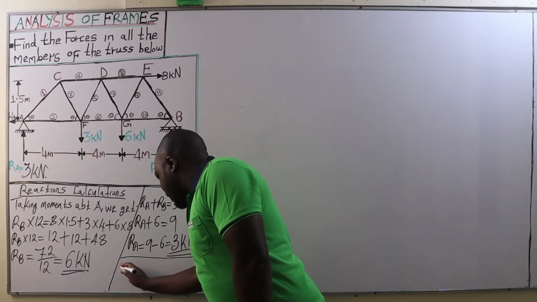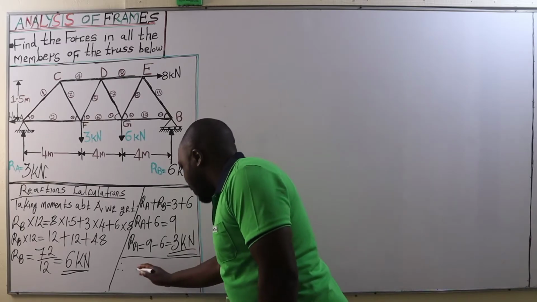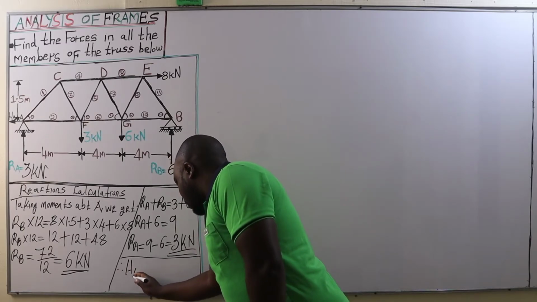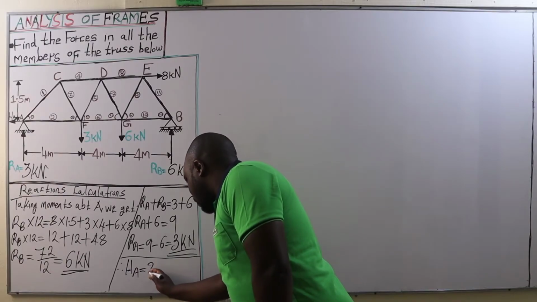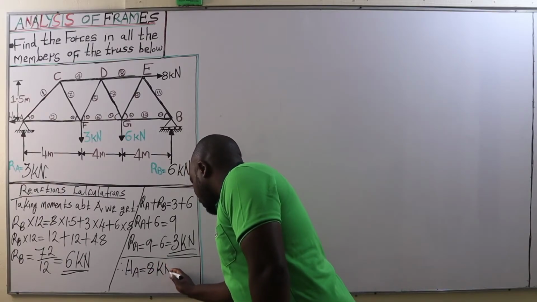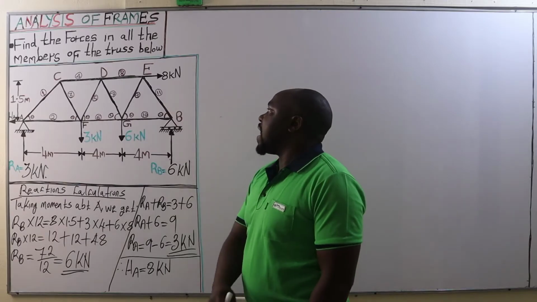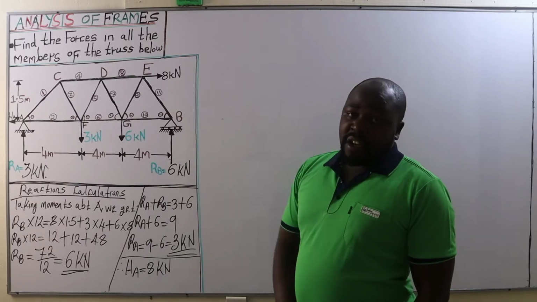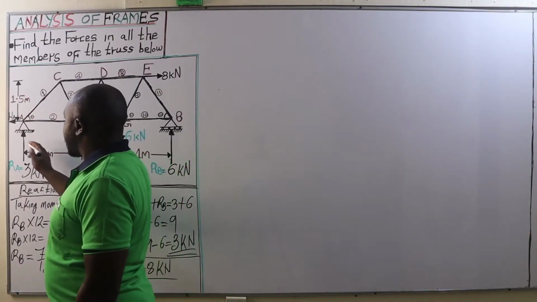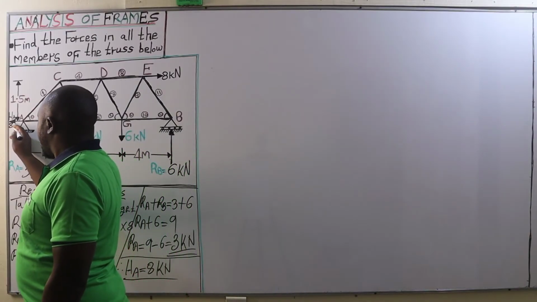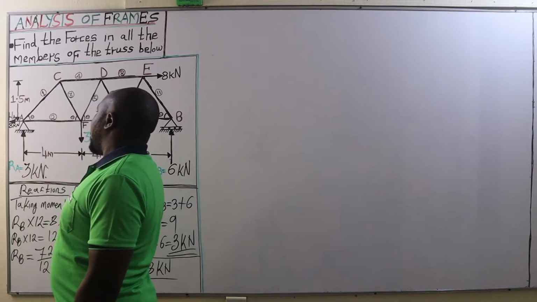Therefore, the horizontal reaction at A will be equal to 8 kilonewtons, the opposite acting force. So we have a horizontal force of 8 kilonewtons.